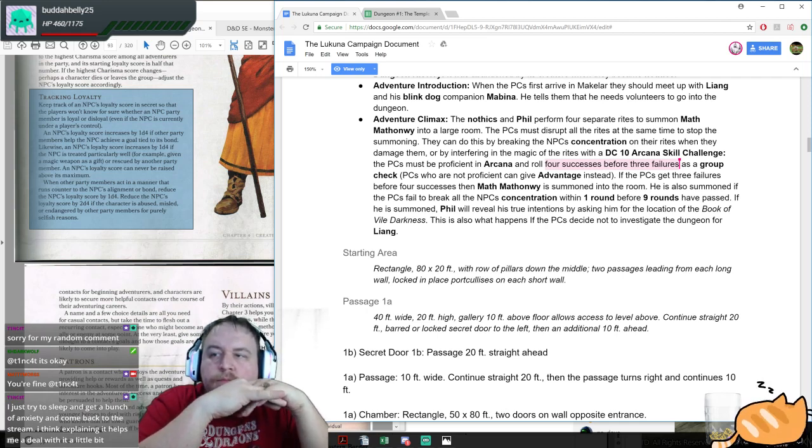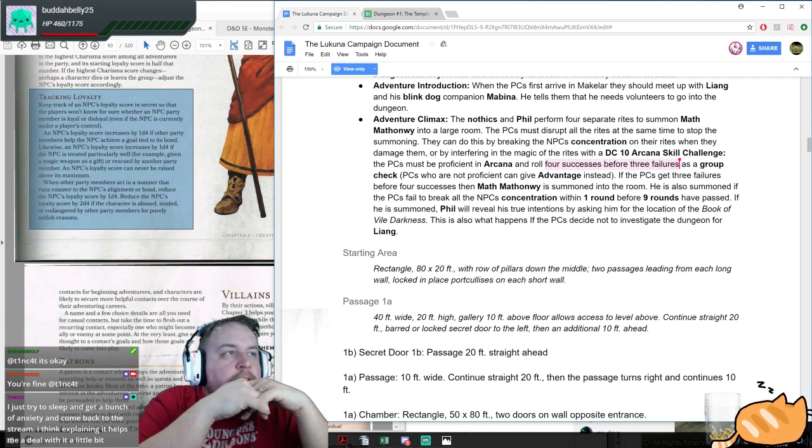The more complex and powerful the spell, in my mind, the easier it should be to interrupt. Right? If you're casting something like Magic Missile, you just point your hand and a dart comes out and it auto hits the person.